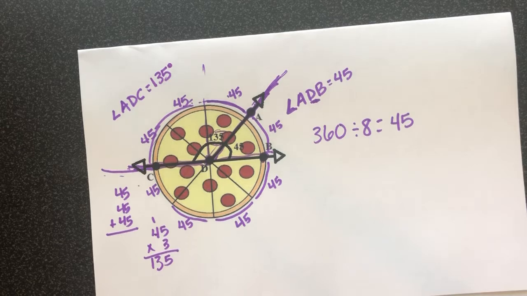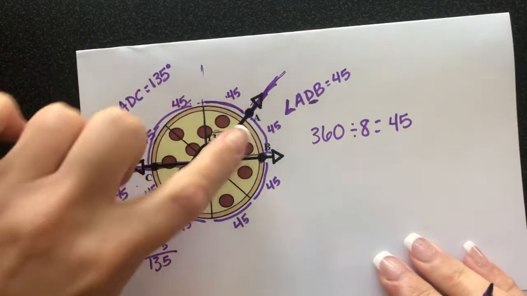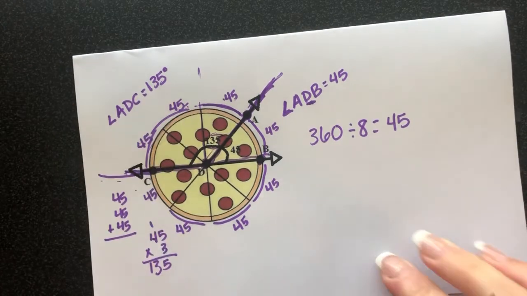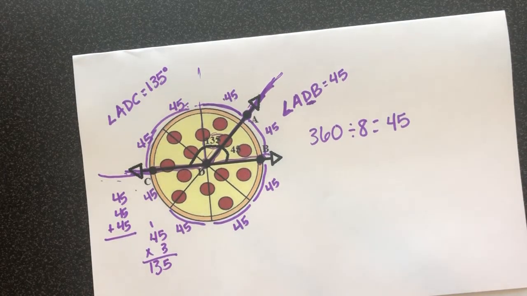Okay. So what we've just done with these two models is we've shown how angles will cut apart circles into equal groups. Okay, but when we're talking angles, the angles may not always be equal to each other. Here they were. Each piece was the same size. But we need a tool to help us to measure if they aren't all the same size.